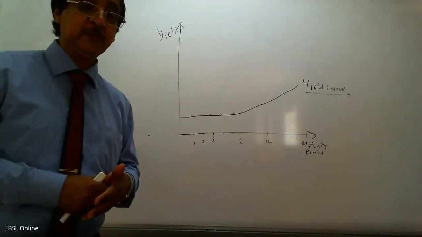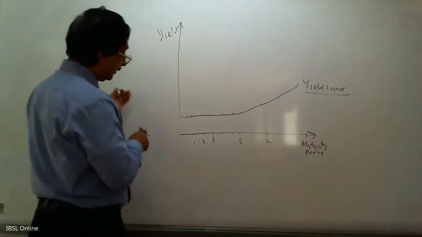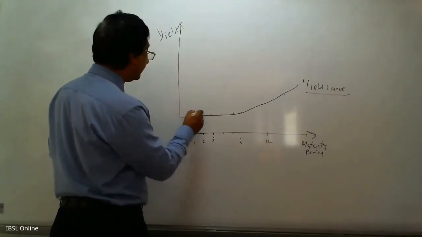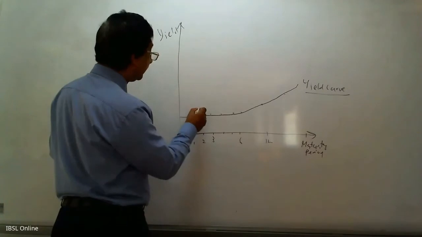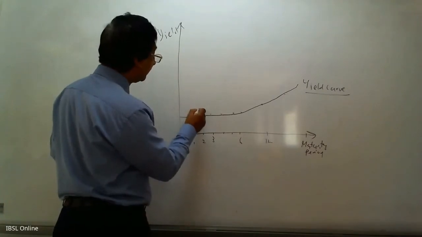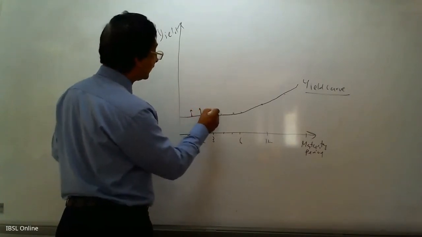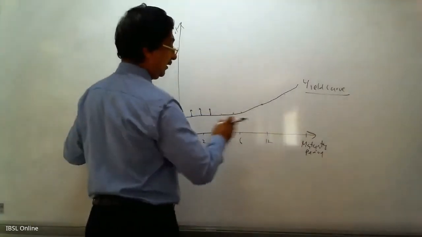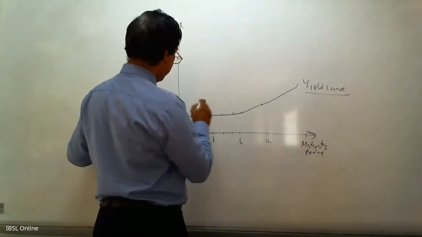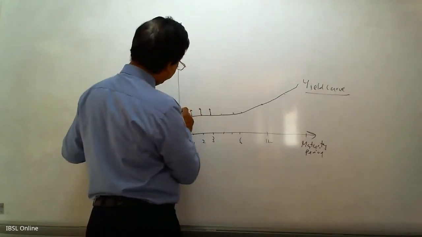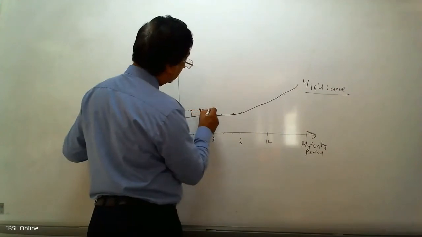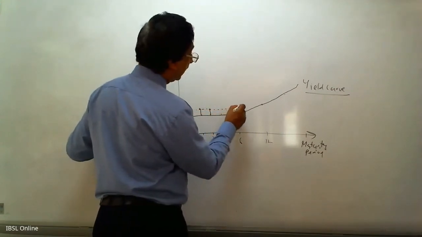Parallel yield curve shift. Now say for example, in the 1 month category, there will be an increase of this nature. In the 2 month category also, same. 3 months also same. Now if you have the same interest rate change everywhere for any maturities, such an increase we call parallel yield curve shift.